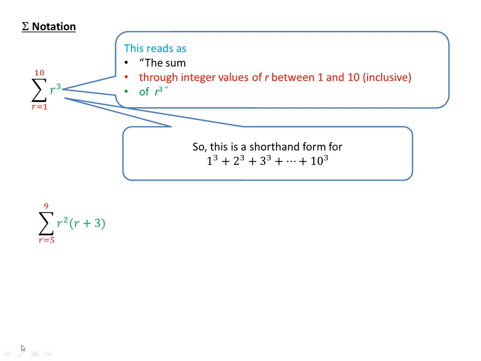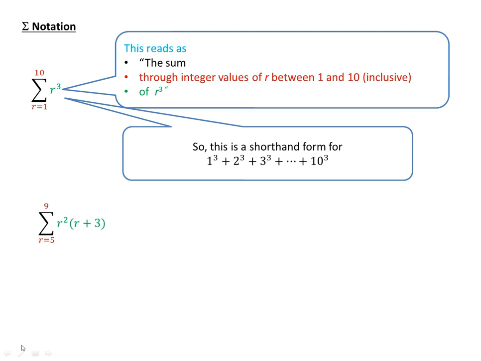Similarly, if we have the expression the sum, so sigma between r equals 5 and 9 of r squared times (r plus 3), we can read that as being the sum through integer values of r starting at 5 and going up to and including 9 of the values of r squared times (r plus 3).